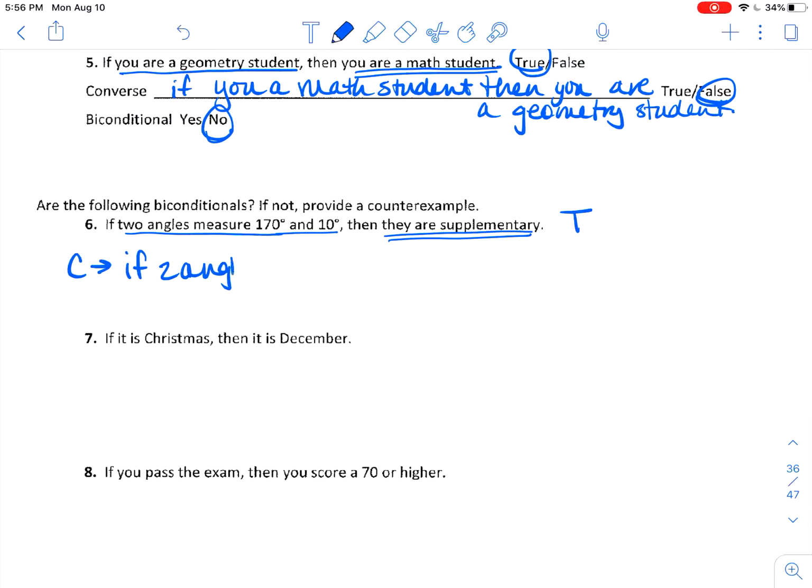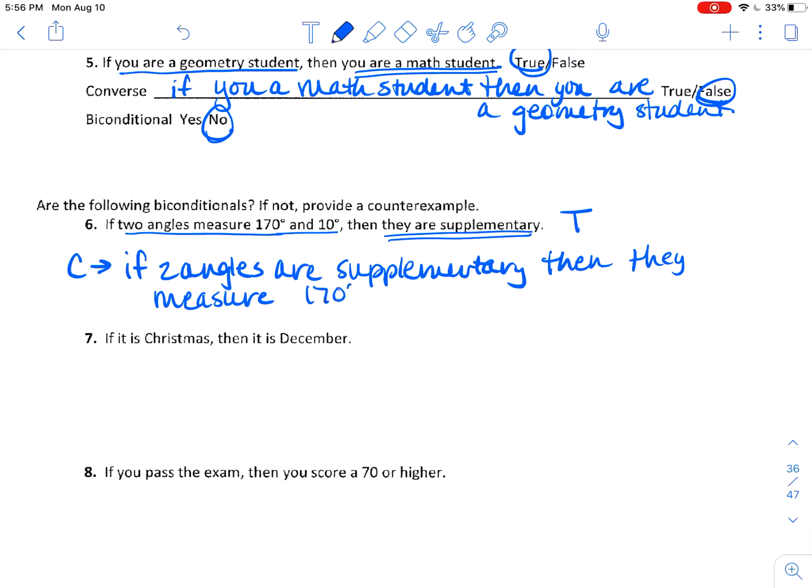If two angles are supplementary, then they measure 170 and 10. Can you think of two other angles that are supplementary that are not 170 and 10? Sure, how about two 90-degree angles? Those add to 180. Those are supplementary, but they are definitely not 170 and 10. So this is false, and here's my counterexample.